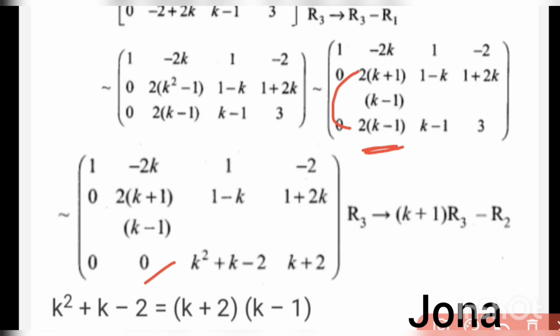So we got 0 here, and you will get k squared plus k minus 2, and here we have 3 into k plus 1 minus of 1 plus 2k, which gives k plus 2.